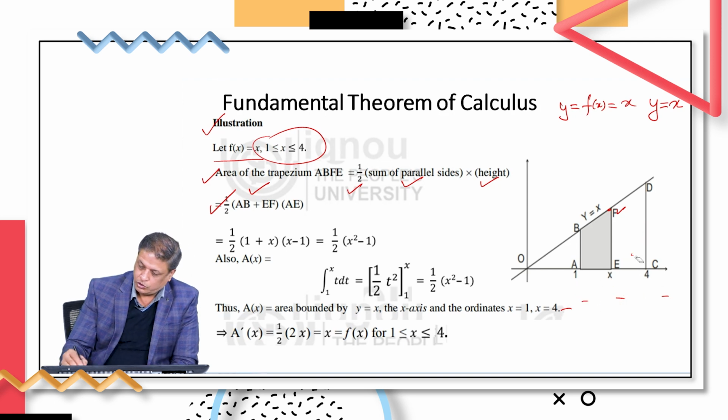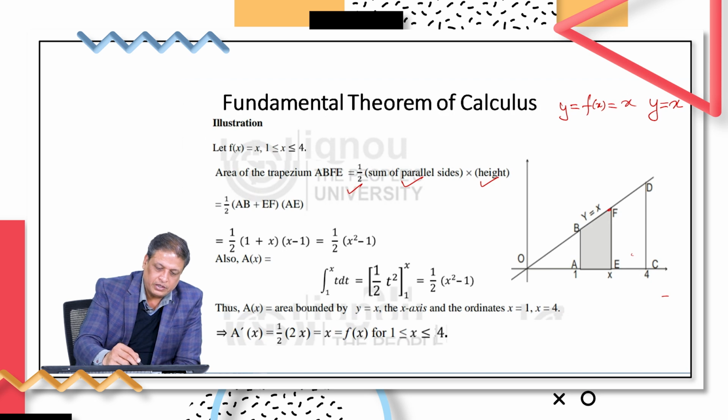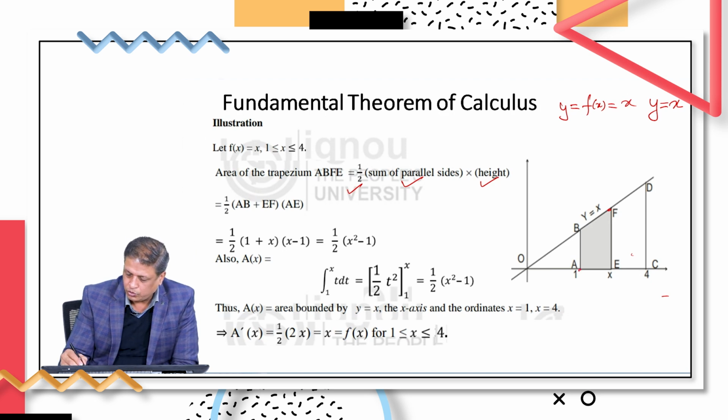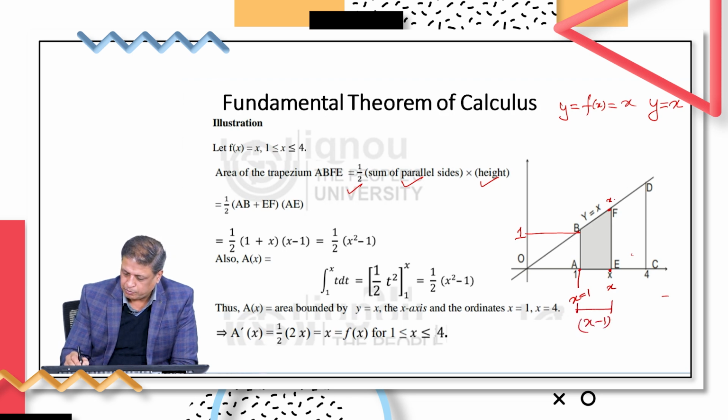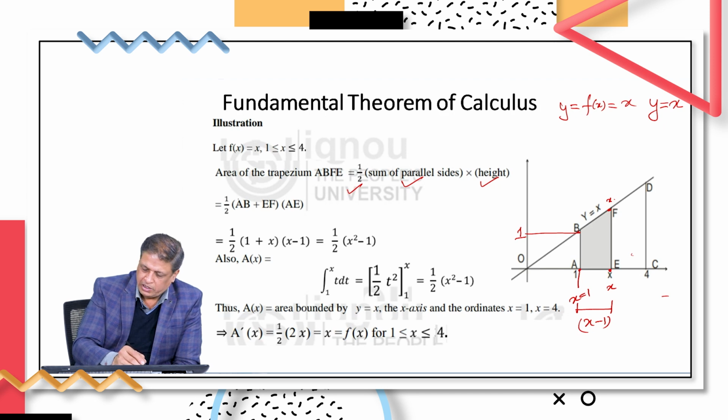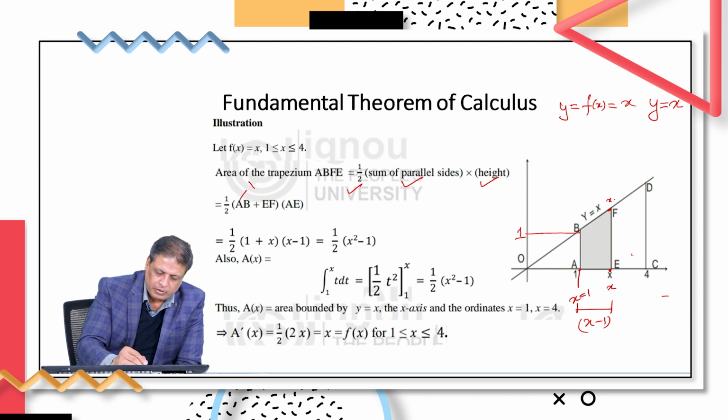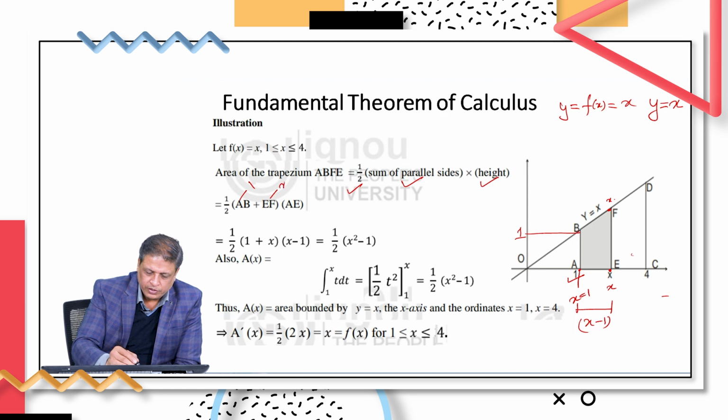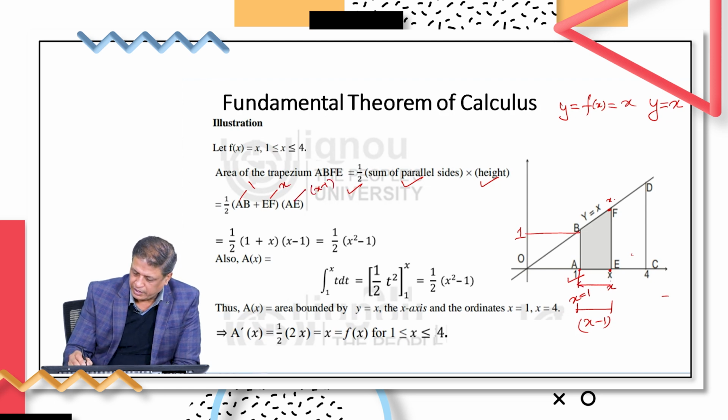Since y equals x, at x equal to 1 this point should also be 1, and this point should be x. This gap is then x minus 1. So AB is 1 because this is unit distance, EF is x, and AE is x minus 1.